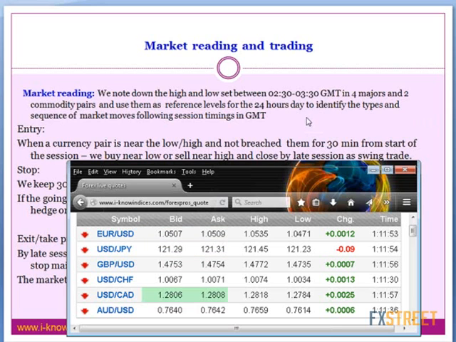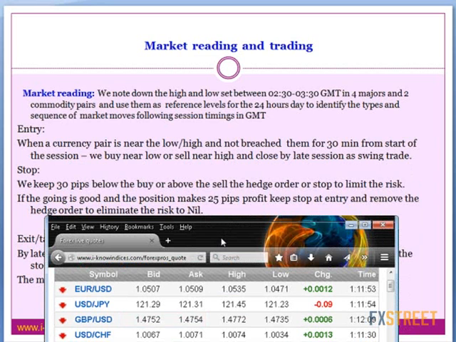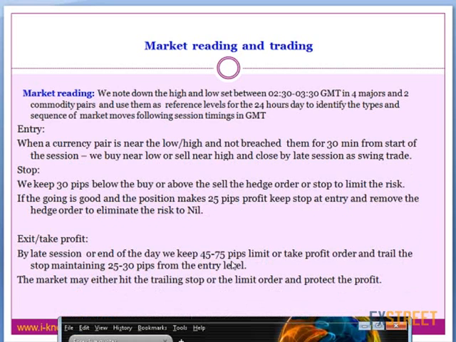Now, as I explained from previous week, the daylight saving system is on in the case of the US. Accordingly, the US session times are changed. So we need to follow this afterwards till end of October. So kindly note down the changes. The mid-European session will be from 9:30 to 11:30, and the late session will be 11:30 to 13 GMT.